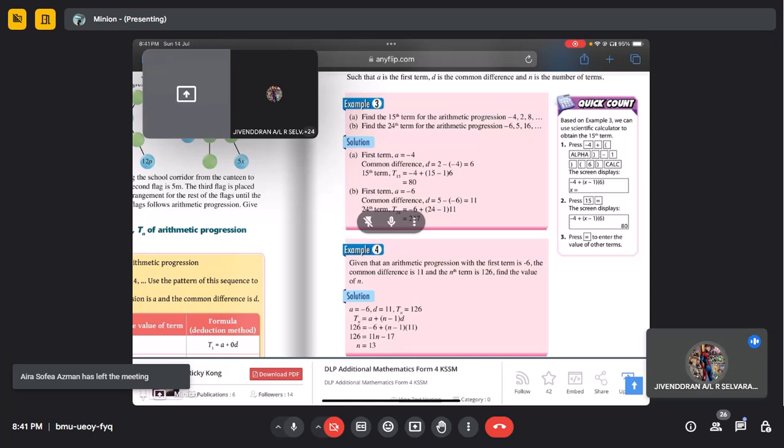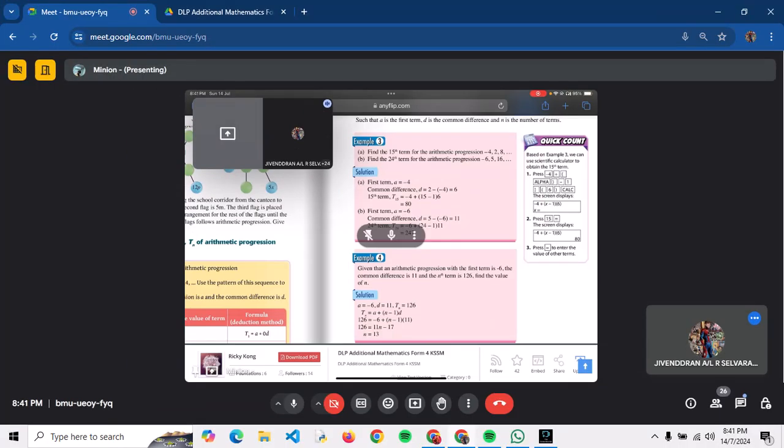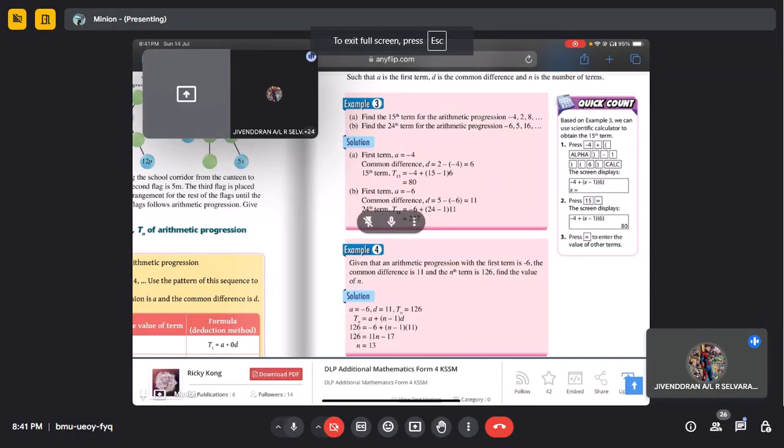Then for the 24th term, you use the formula, n is 24. T24 equals -6 plus (24 minus 1) times 11. Then you'll get 247. So that means the 24th term of the sequence is 247.